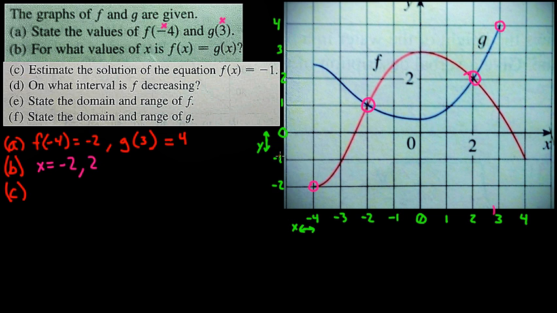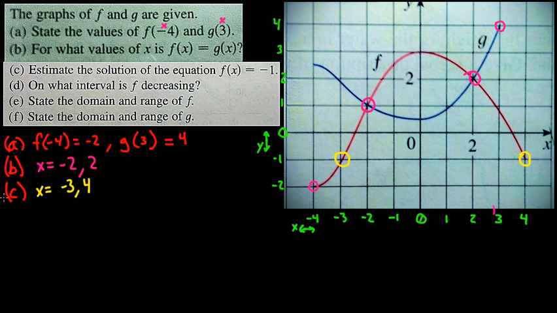Now we're looking for the f function, and we're going to find that the corresponding values for that negative 1 are here and here. So x is going to equal a negative 3 and over here a positive 4. So x is going to equal negative 3 and a positive 4.